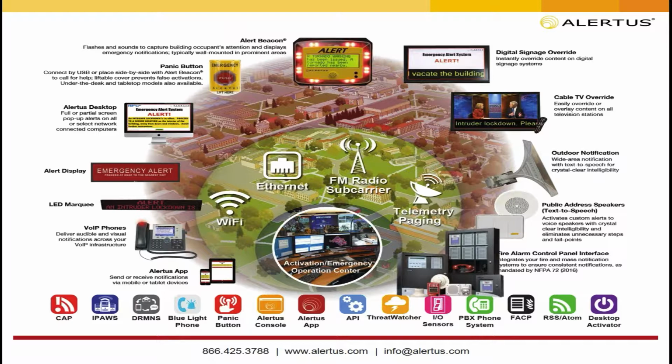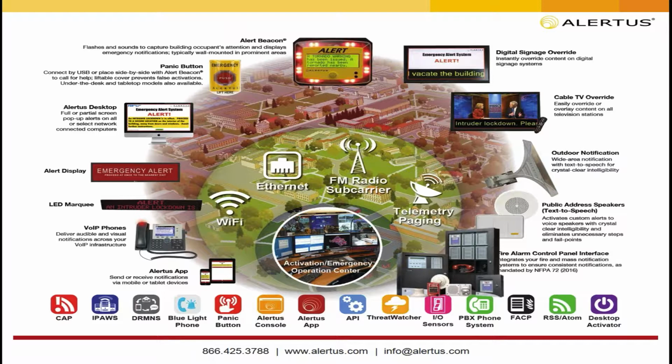Now, because we've been talking about the NFPA code, which is usually, up until 2010, specifically a fire alarm, fire-specific code, we want to get a little bit more in depth into how the Alertus system actually integrates with that existing fire panel. There are a couple of different ways that we integrate with that fire panel. The main way is very generalized.